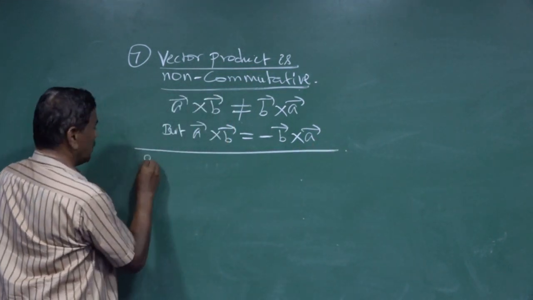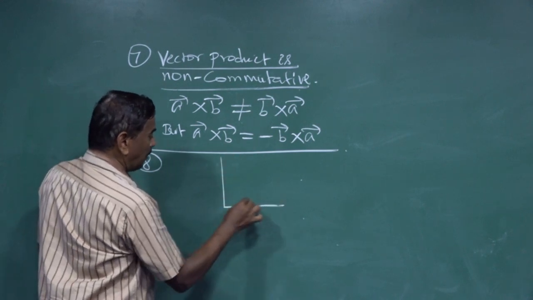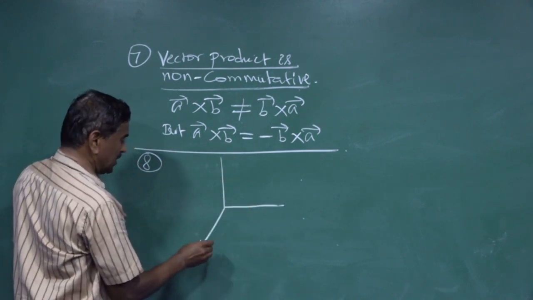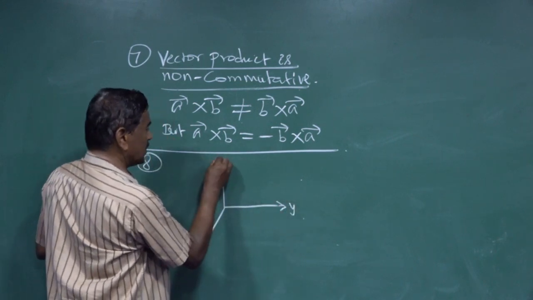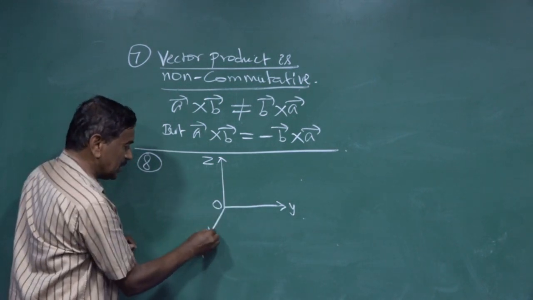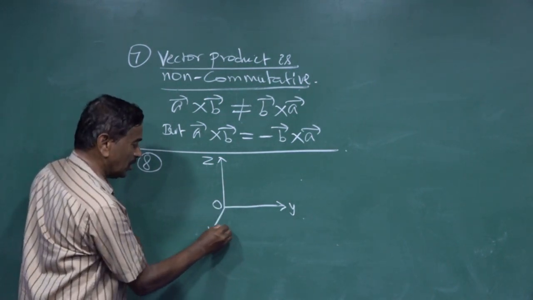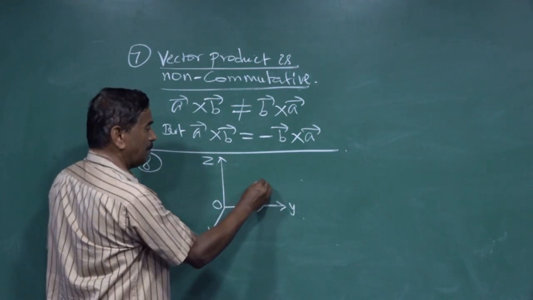Now listen, suppose the eighth one. So for the eighth one, let us consider three dimensions. In three dimensions, we have the x-axis, y-axis, z-axis, and origin 0. Along the x-axis, the unit vector is i cap. Along the y-axis, the unit vector is j cap.